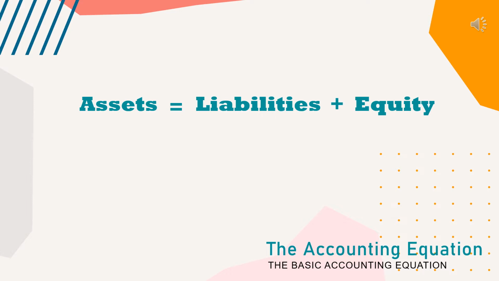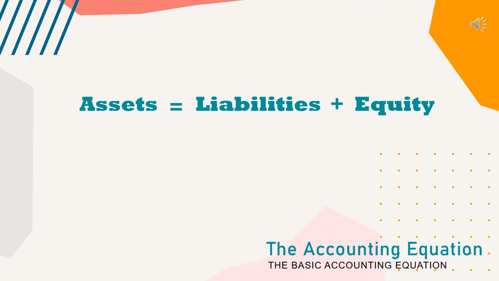That means that every business transaction should keep the equality of the assets and the sum of the liabilities and equity. But before we proceed with defining these three terms, it is important that we understand that the equity element can be affected, that is, can either be increased or decreased by its related elements.